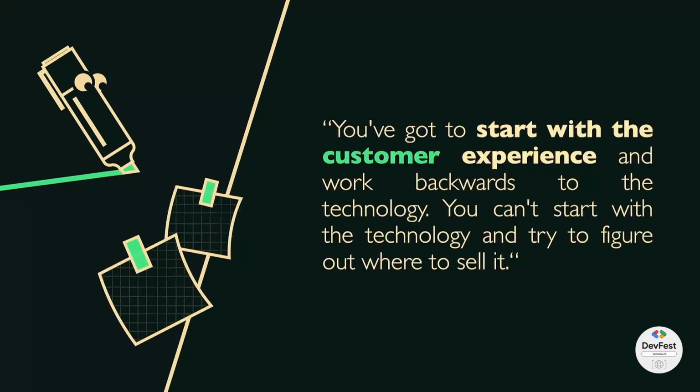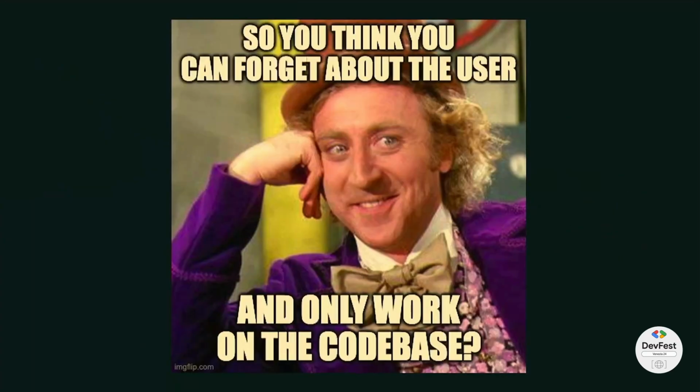You cannot do it the other way around. You cannot start with the technology, get hyped about that, and try to figure out where to sell that technology. So that's why it is very important to make sure that what we're building is aligned with where the users feel the value.